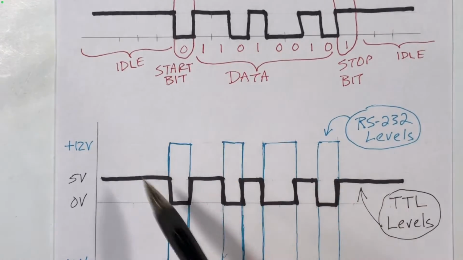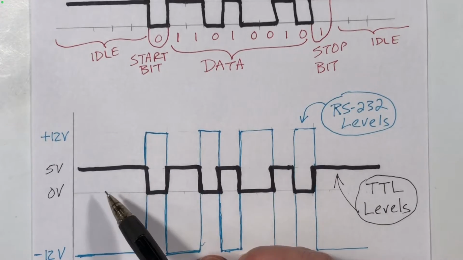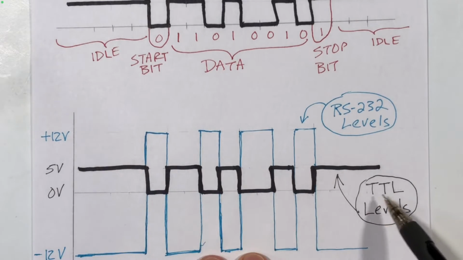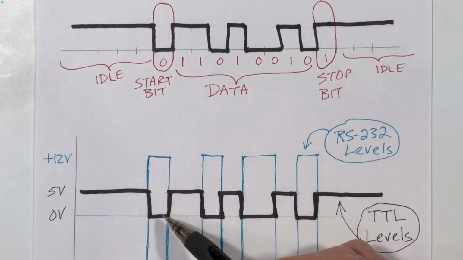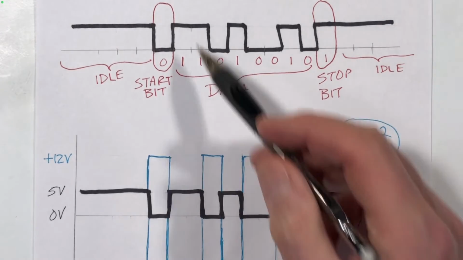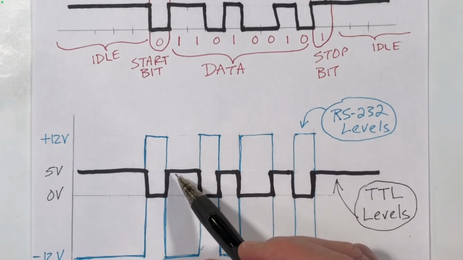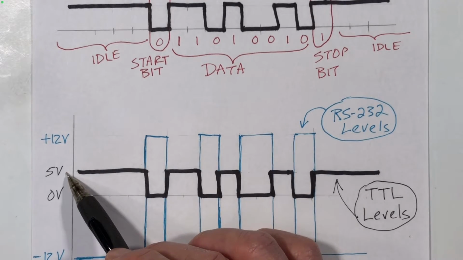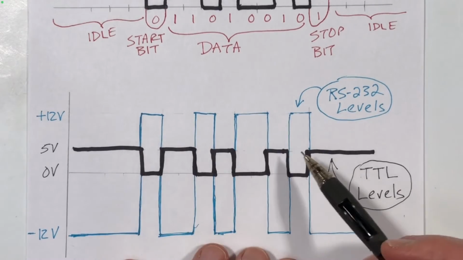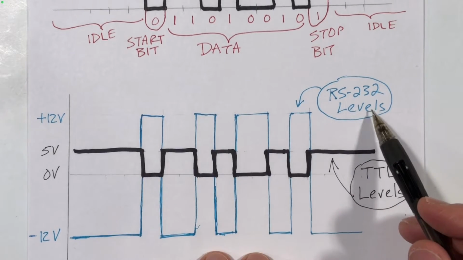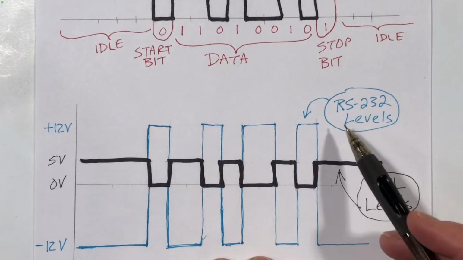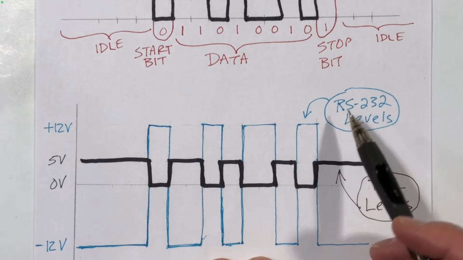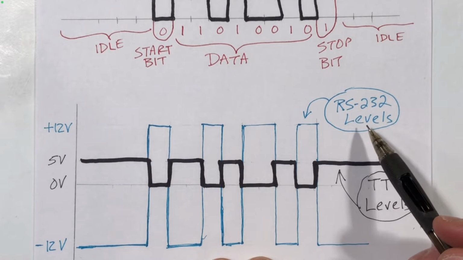So here I repeated this waveform, showing voltages at TTL levels. We have a 0 bit represented with 0 volts, and a 1 bit represented with high TTL voltage levels, which I've symbolized with 5 volts here. Now, there is something else called the RS-232 standard, which is very similar in terms of how the bits are sent and the start bit and stop bit and so on, but the voltage levels are a bit different.